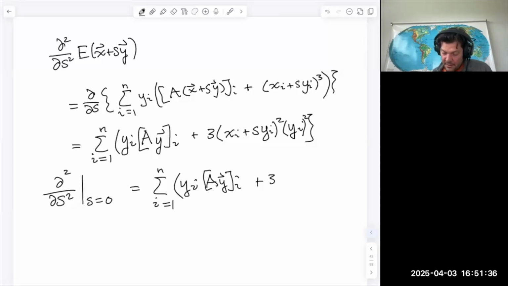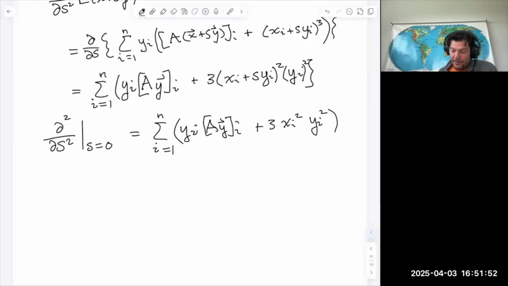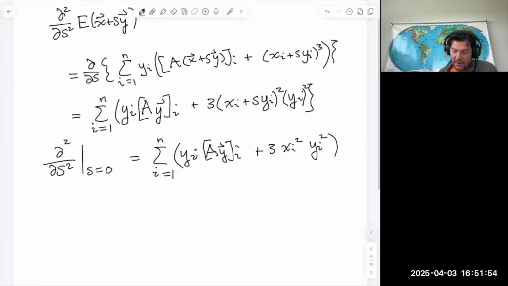This guy's going to give us 3 x_i squared y_i squared, correct? So this represents the second derivative operator, okay, the second derivative operator.